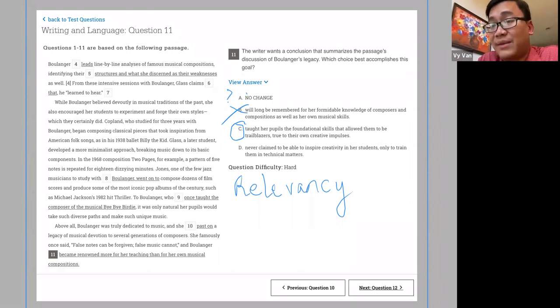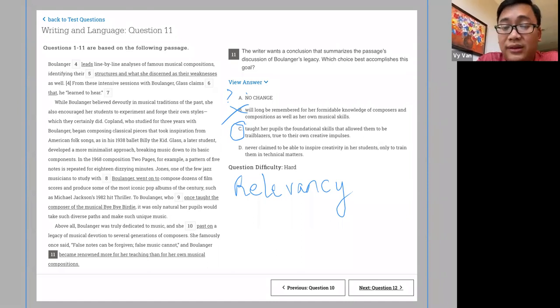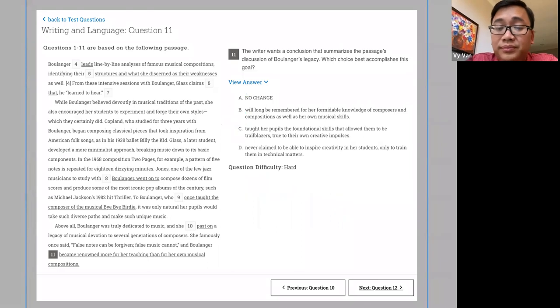I'm very sure that's the right answer, so I will move on. Let's just check D, "never claimed to be an inspired creative student." This is out of context. So for a relevancy type of question, always ask yourself, what is the bigger picture? Zoom out. What is the main idea of the whole thing? And if that sentence is relevant to the main idea, that is the right choice.